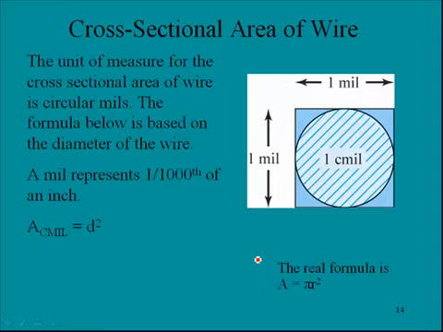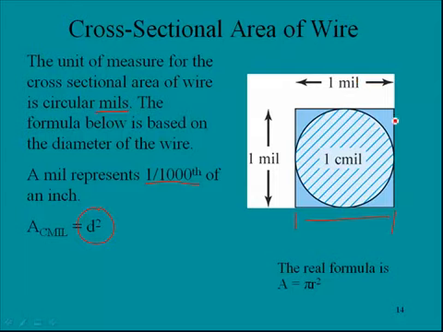The unit of measure for the cross-sectional area of wire is called circular mils. The formula below is based on the diameter of the wire, and keep in mind a mil represents 1/1000th of an inch. So the area in circular mils is defined by d squared, where d is the diameter here, and squaring that will give us the circular mil.